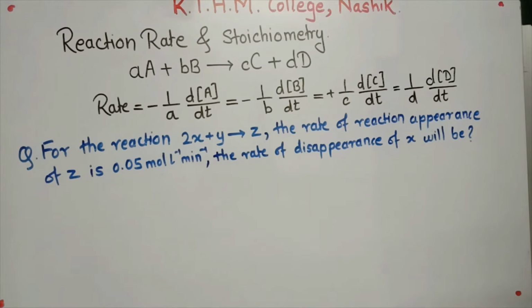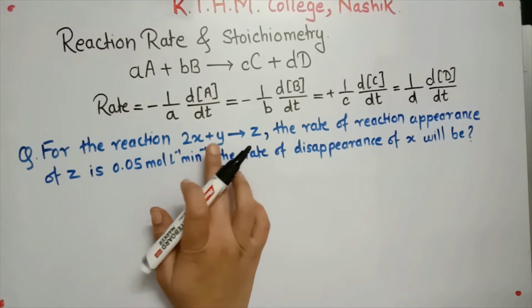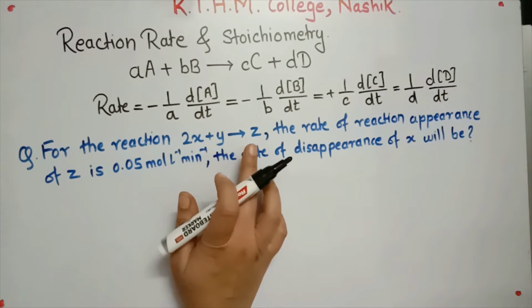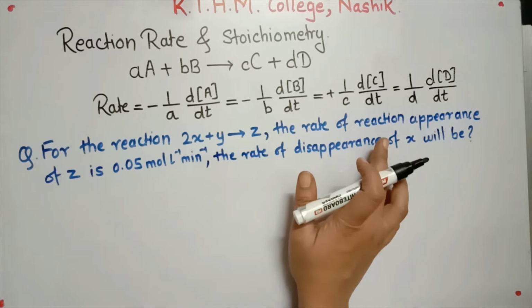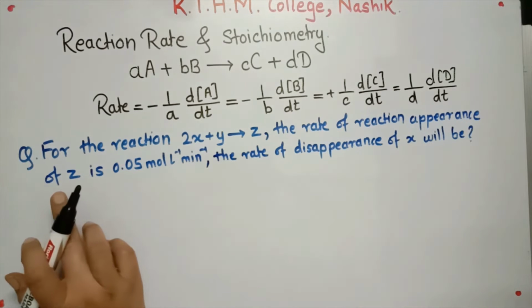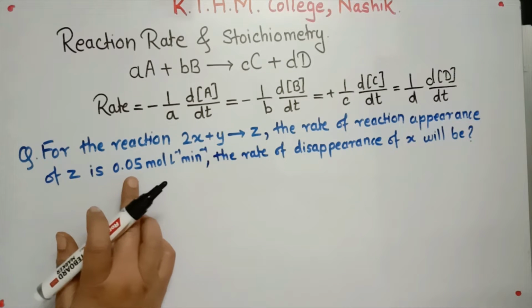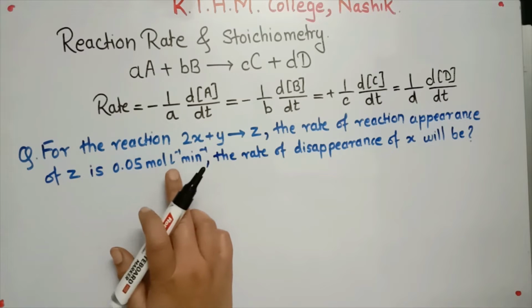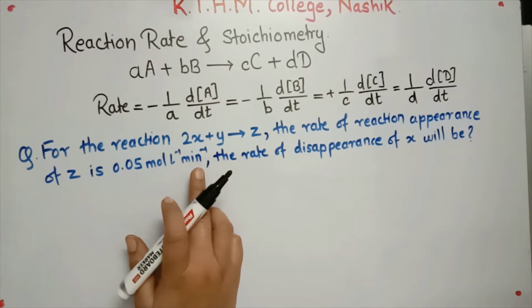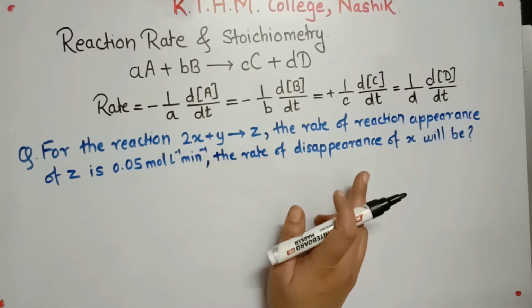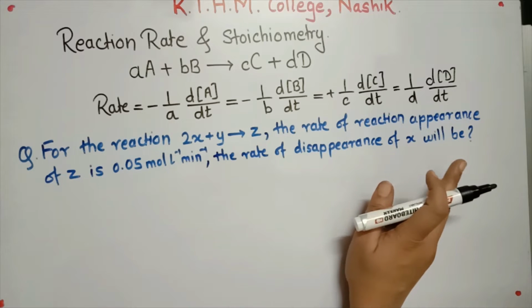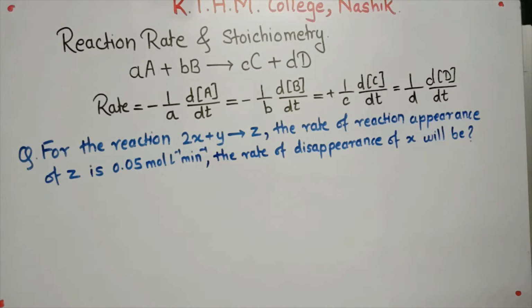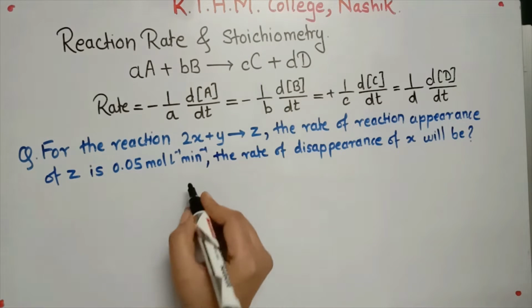So here the question is, for the reaction 2X plus Y gives Z, the rate of appearance of Z is 0.05 moles per liter per minute. The rate of disappearance of X will be, so first of all what we will do, we will write the reaction.